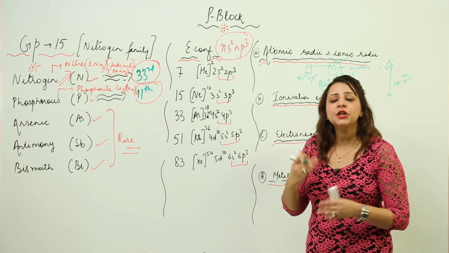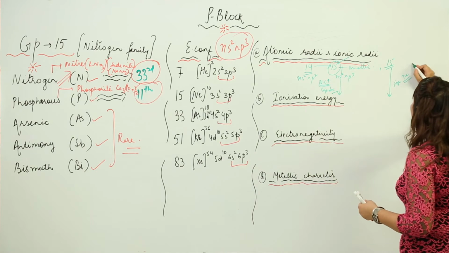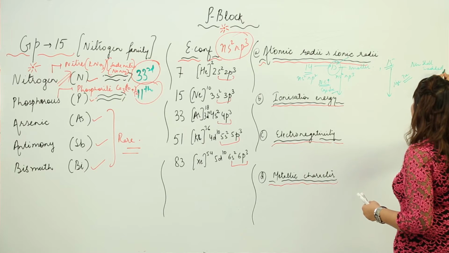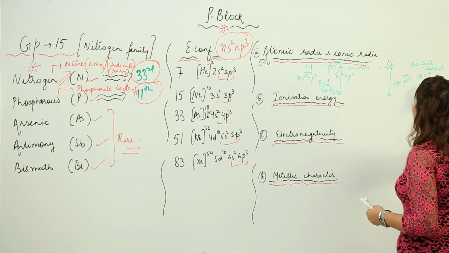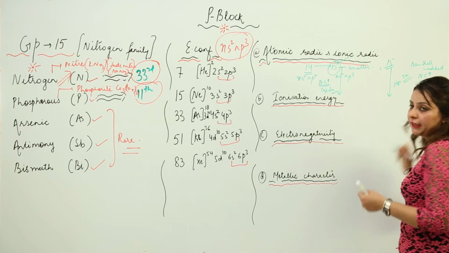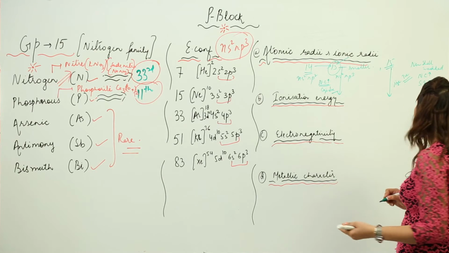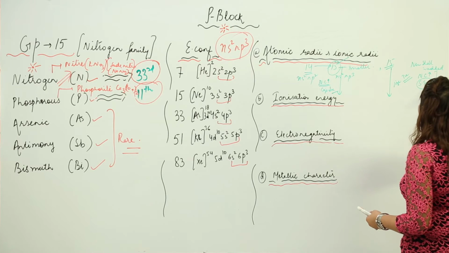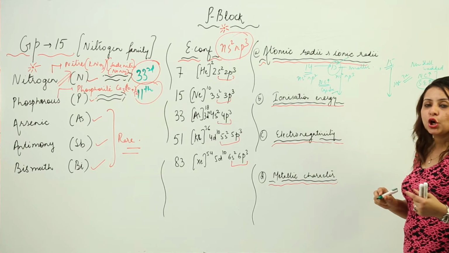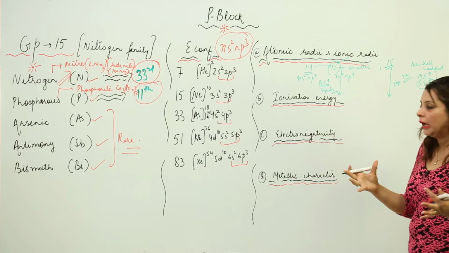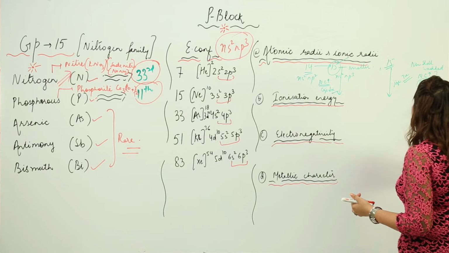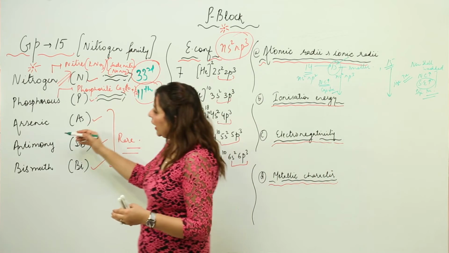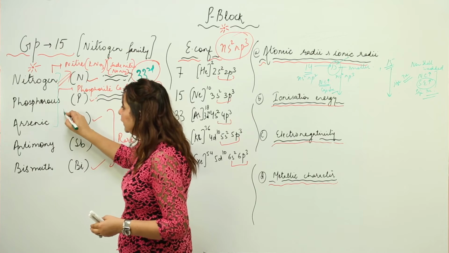So every time a new shell is added, the nuclear charge increases and the shielding effect also increases because of the filling of inner shell electrons. But the shielding effect is so pronounced that it causes the expansion of the electron cloud, so the size increases. So in general, when we move from nitrogen to phosphorus to arsenic, there is a gradual increase in size.